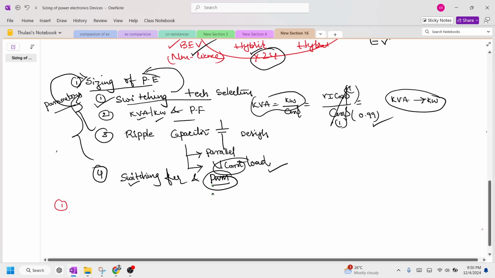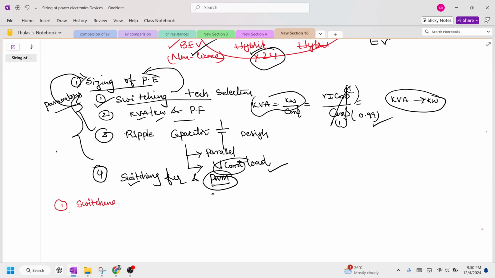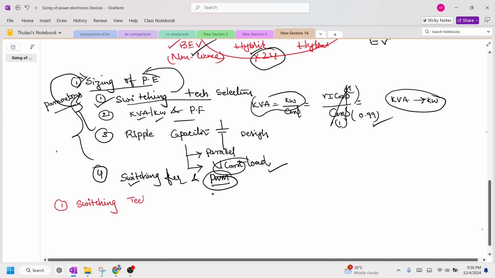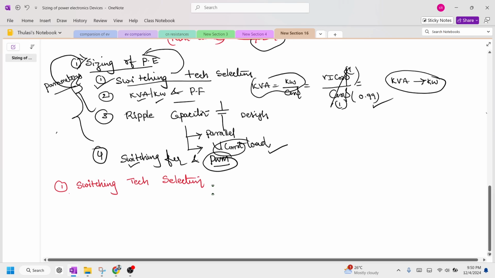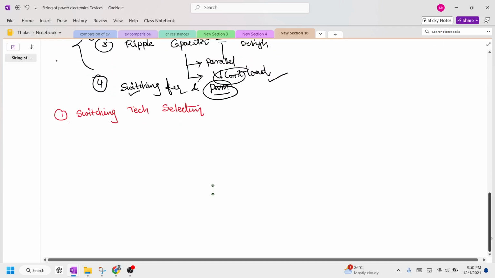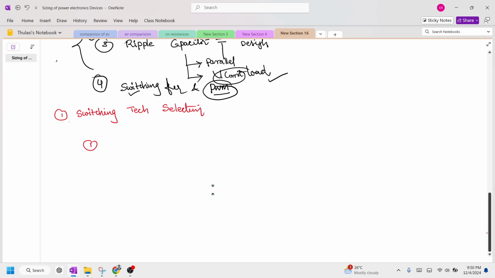How to select the switching technology? In order to understand switching technology selection, let's try to understand the basic components we have. We have bipolar junction transistors and semiconductors.